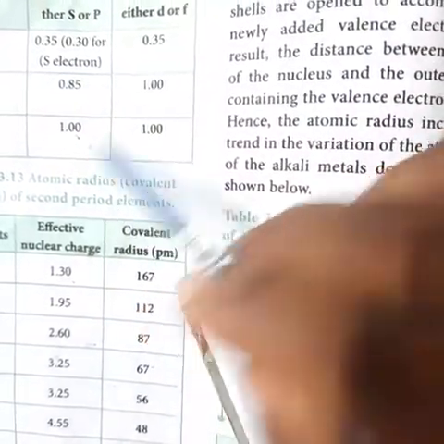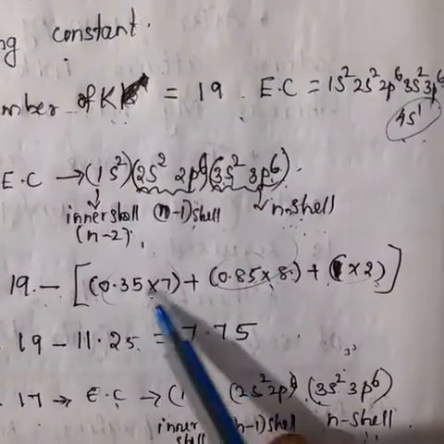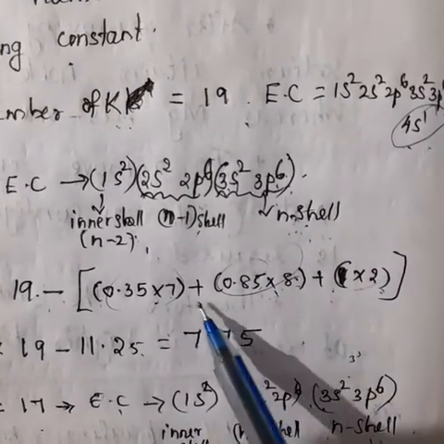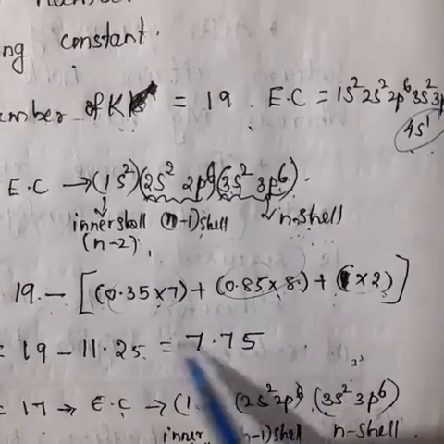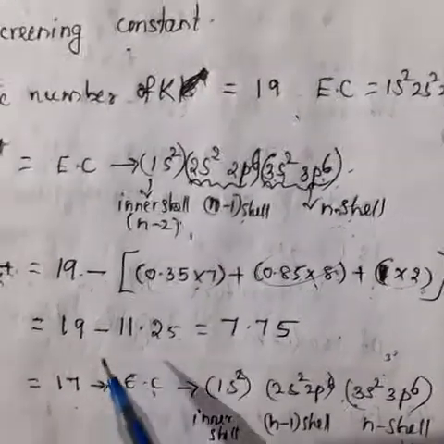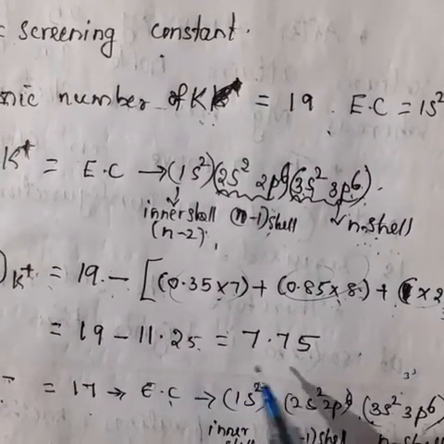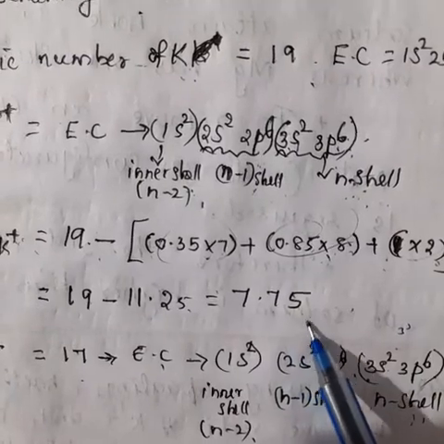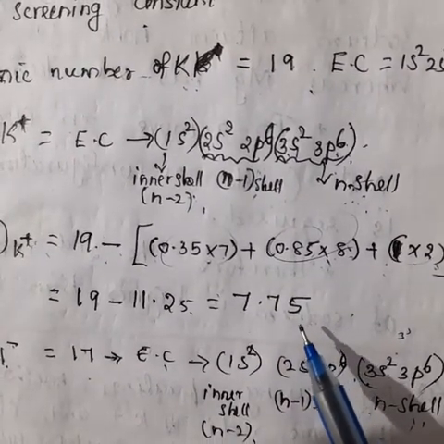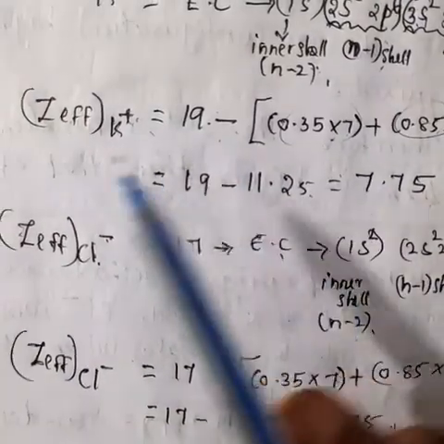So it is equal to 19 minus, when we multiply and add, finally we get 11.25. So subtracting 19 minus 11.25, we get 7.75. This is the effective nuclear charge for K plus.